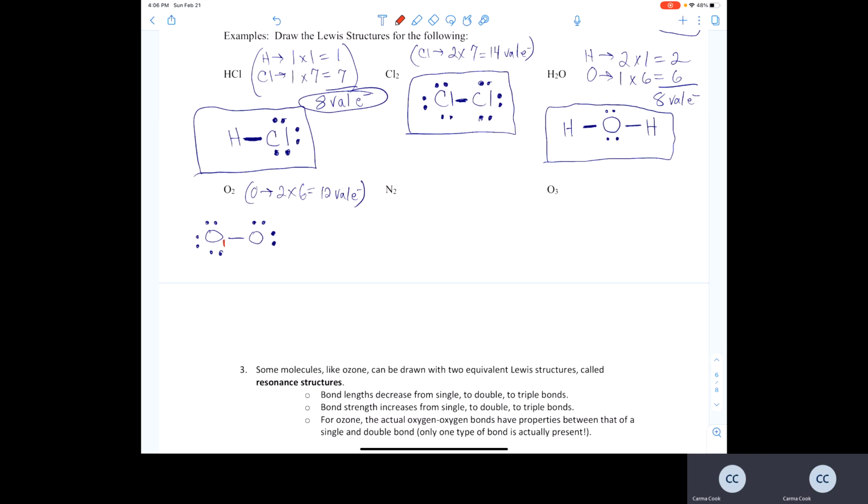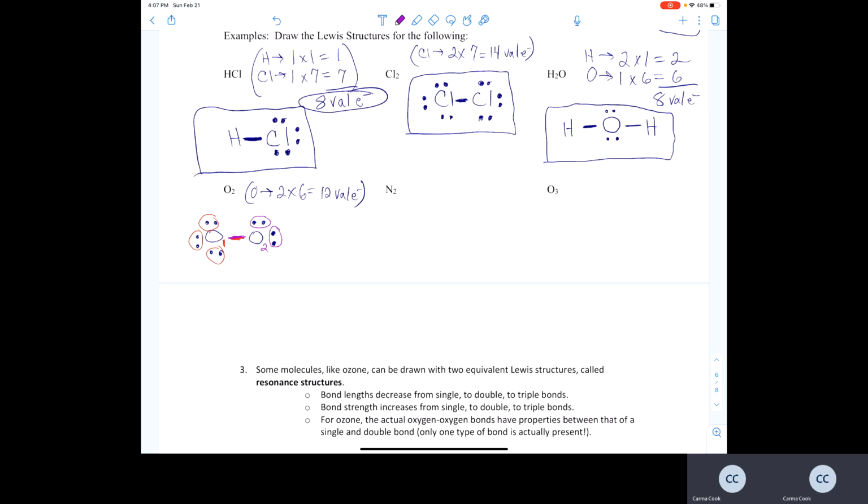And the reason why I say oxygen 1 is happy is because it's got 2, 4, 6, and 8 electrons around it. But oxygen 2 is not happy because it only has 2, 4, 6 electrons around it. And it needs 8.